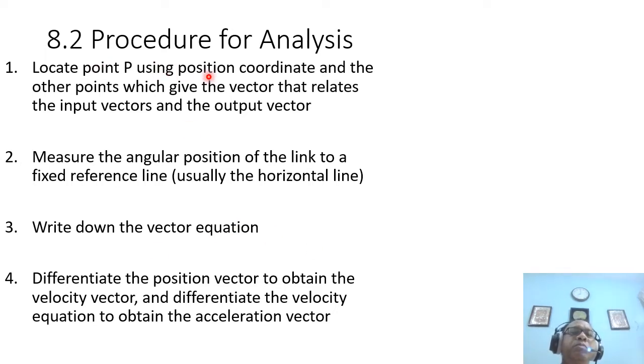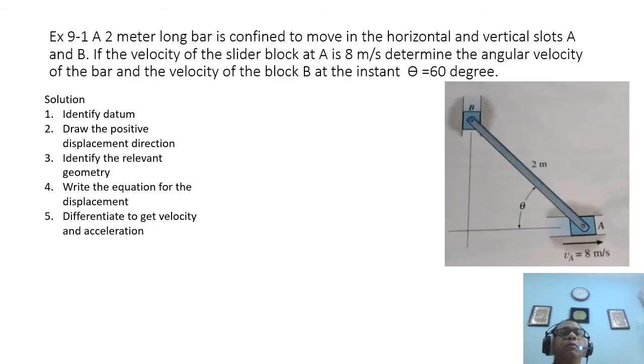We locate a point P using position coordinate and the other points which give the vector that relates the input vectors and the output vector. We measure the angular position of the link to a fixed reference line and write down the vector equation, and differentiate the position vector to obtain the velocity vector and differentiate the velocity equation to obtain the acceleration vector. This is what is generally done, and let's look at one example.